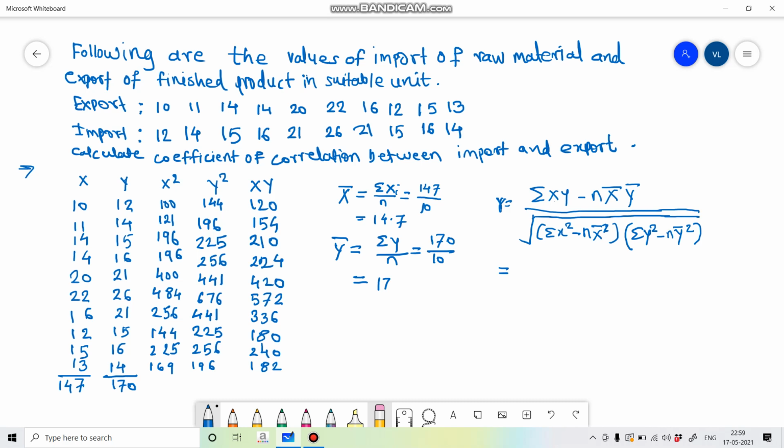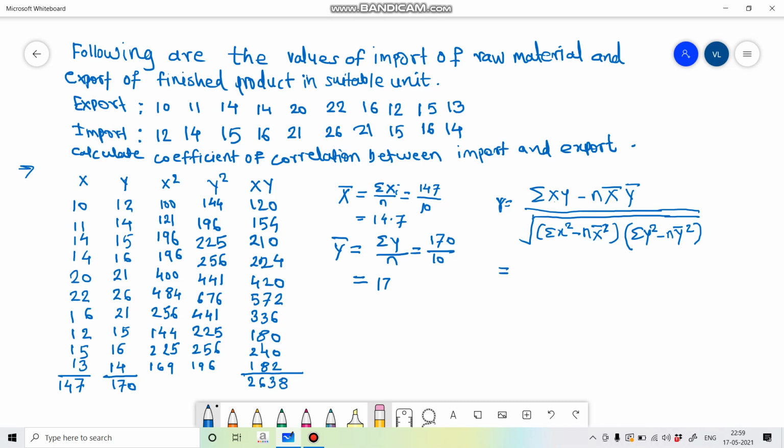Summation xy: make the summation of this column, meaning 120 plus 154 plus 210 plus, add all these values, and we get the addition as 2638.